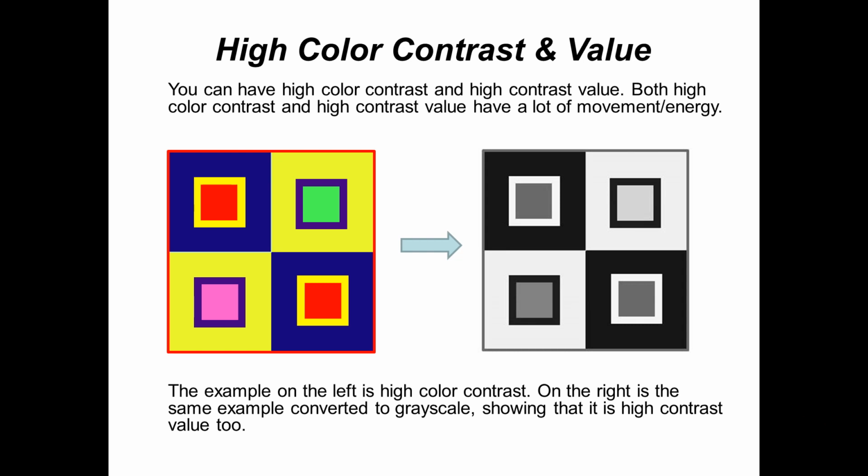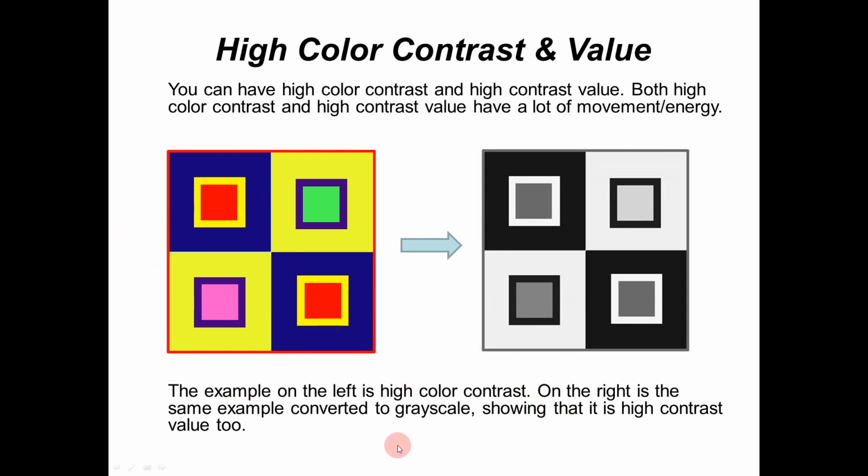You can have high color contrast, which is what we've been talking about, and high contrast value. Both high color contrast and high contrast value have a lot of movement and energy. The example on the left is high color contrast.